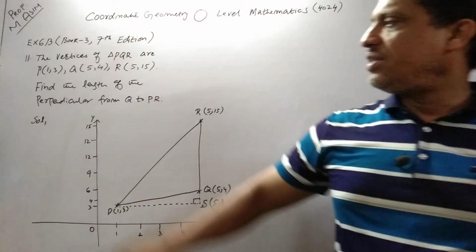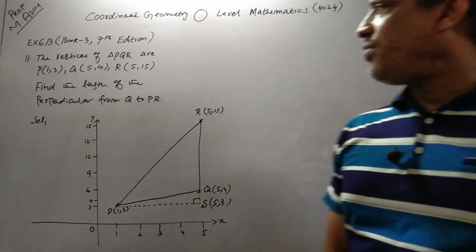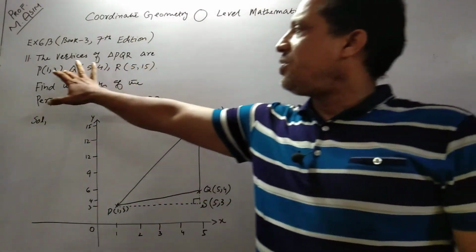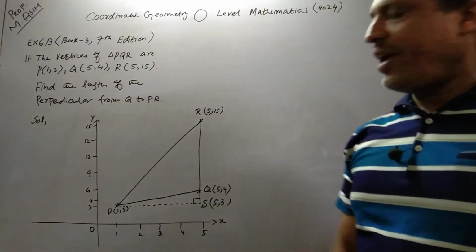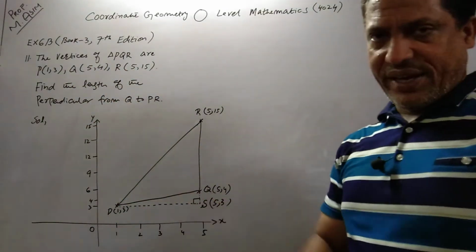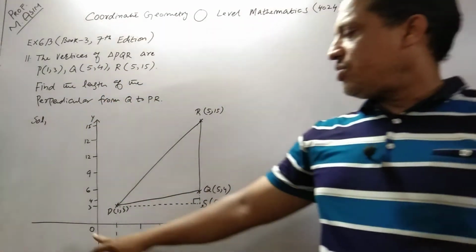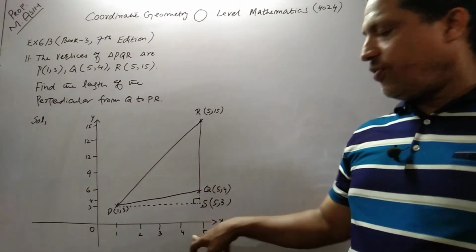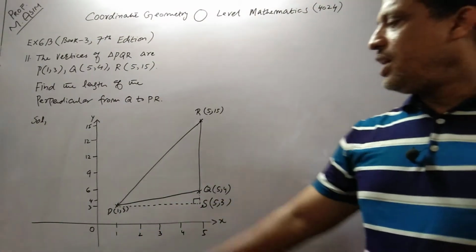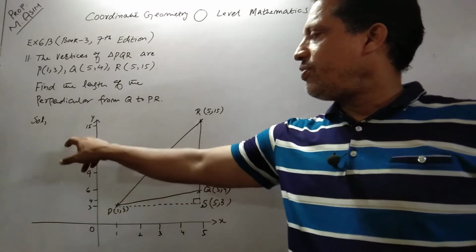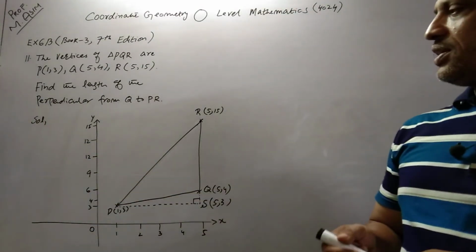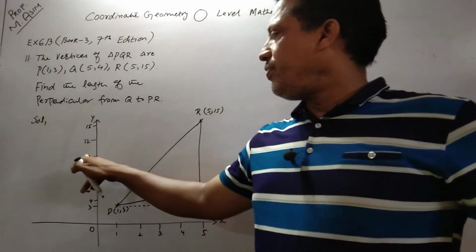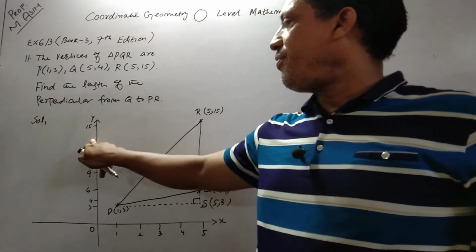So first, we have to draw this triangle by drawing the x-axis and y-axis. I took 0, 1, 2, 3, 4, 5 on the x-axis, and 3, 6, 9, 12 and 15 on the y-axis.